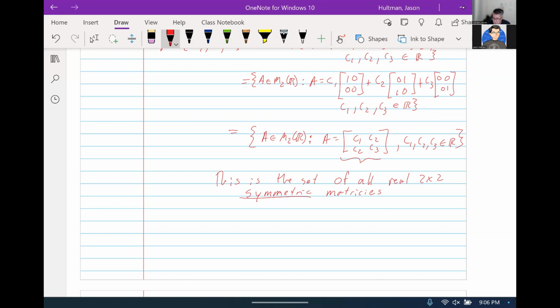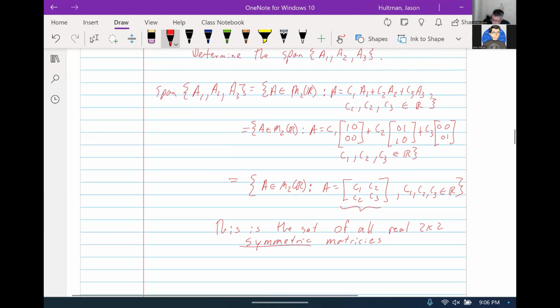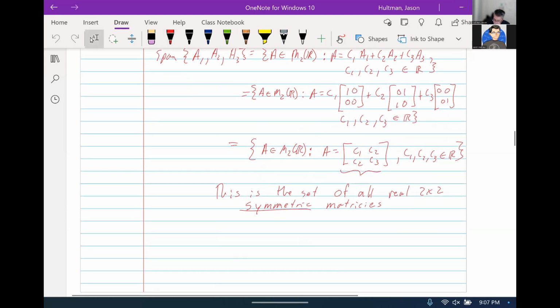We could show that it is a subspace of M2R, and that these will span that subspace. Will it span the original vector space of M2R? No, it's limited. If I had a fourth vector, then I could probably span the entire vector space M2R, but in this case, it is just spanning the symmetric matrices.